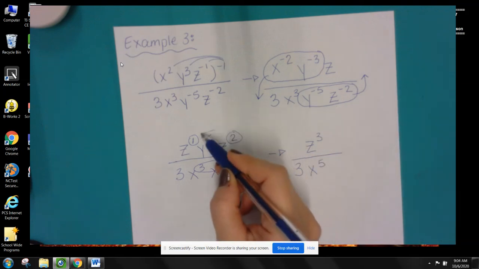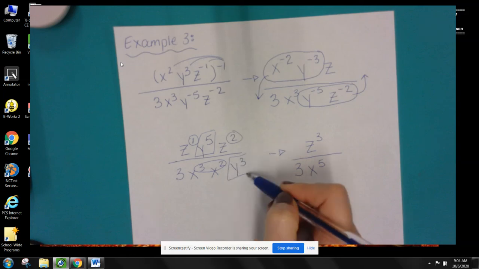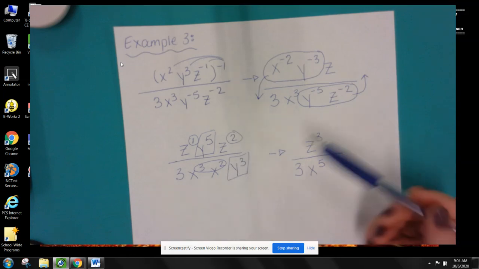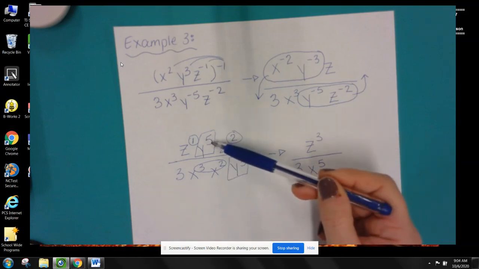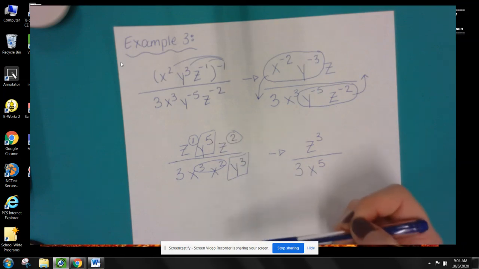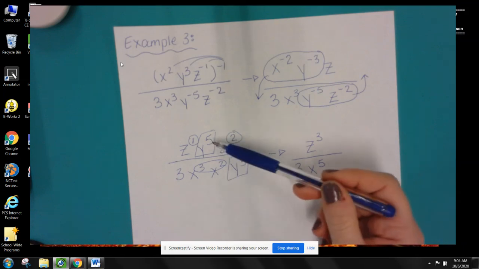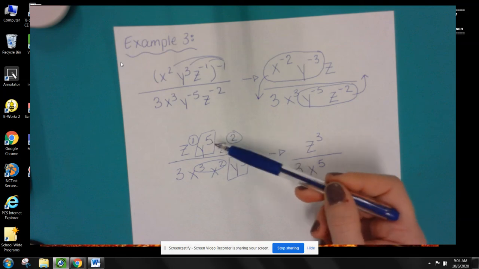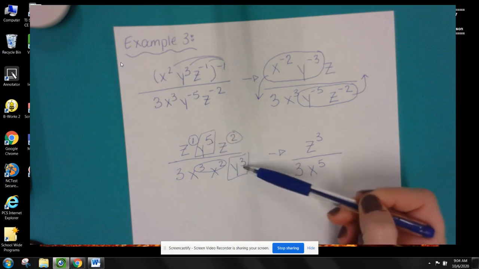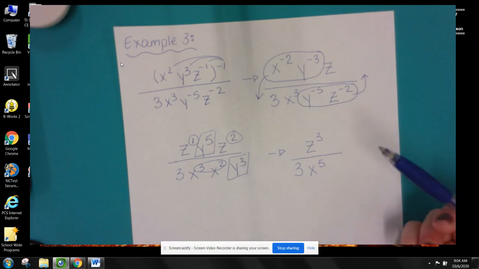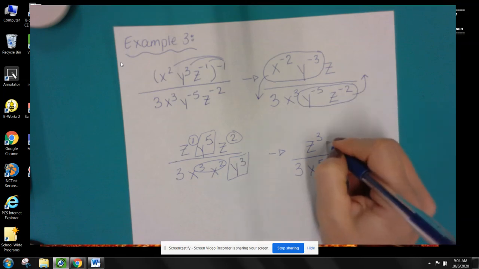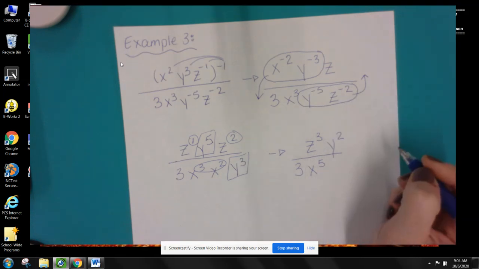Now I have to look at my y's here and in the denominator. I have more y's in the numerator, so I know that my extra y's are going to land in the numerator. And 5 minus 3 gives me 2. So I know that those 2 y's are going to land in the numerator.